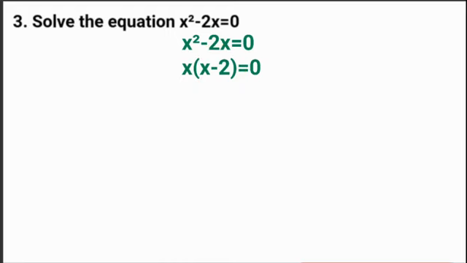So between these two terms, there is one which is equal to 0. So our question is, if x is equal to 0, what is the value of x? So we are saying the value of x will be 0. Or if x minus 2 is equal to 0, what is the value of x?